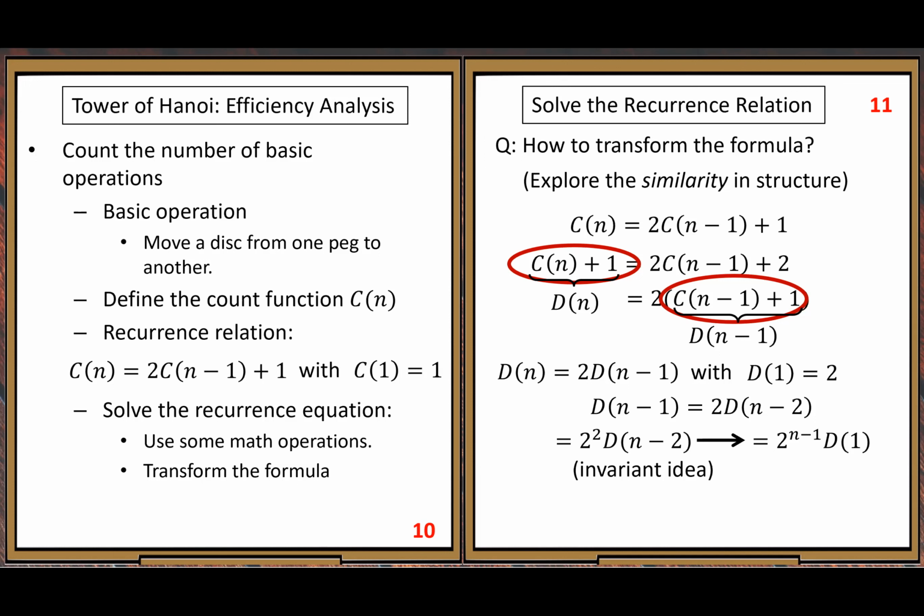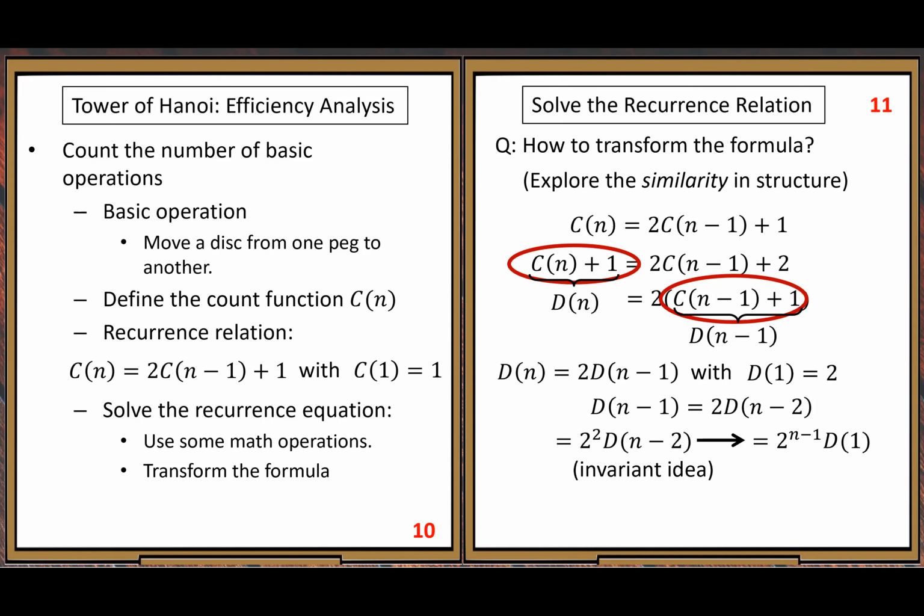Otherwise we may get lost, because it's hard to keep track all the way to the end. Nobody can do the work from beginning to end, but we observe this key property, and it helps us figure out the exact expression at the end. That's the invariant idea.